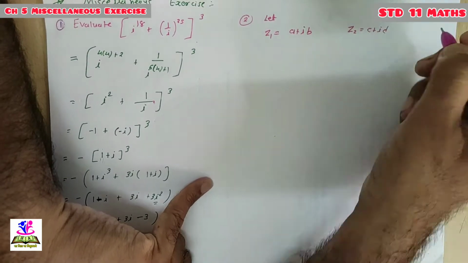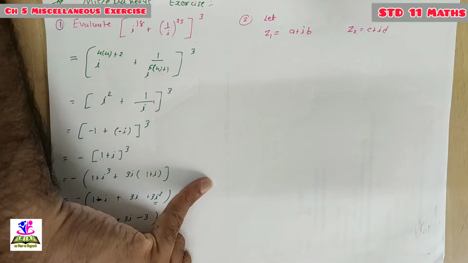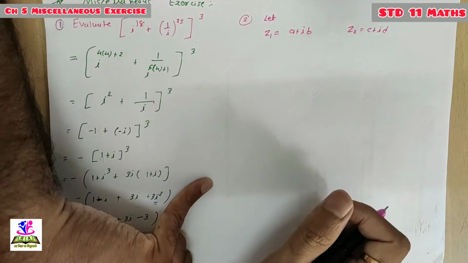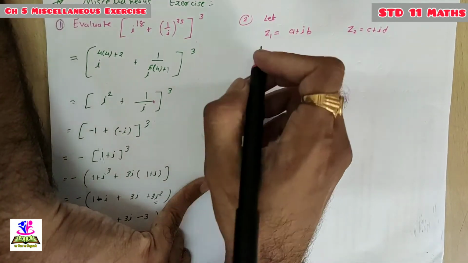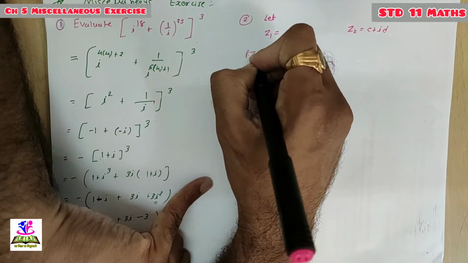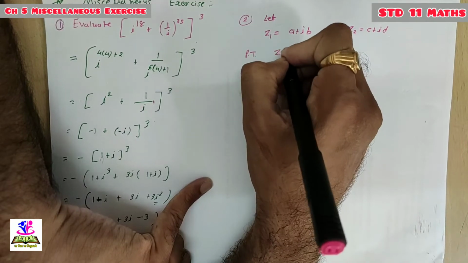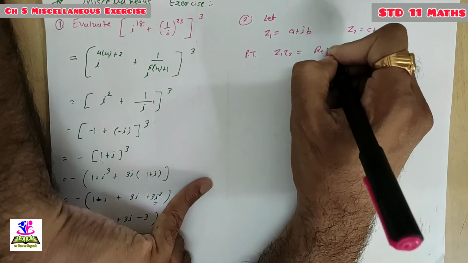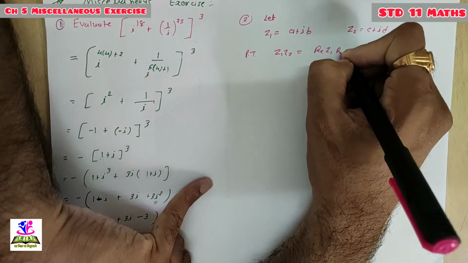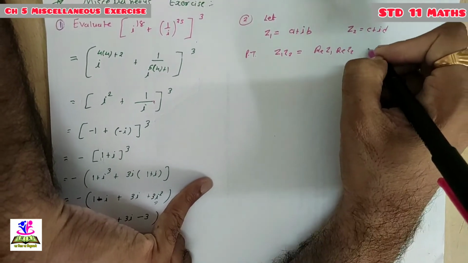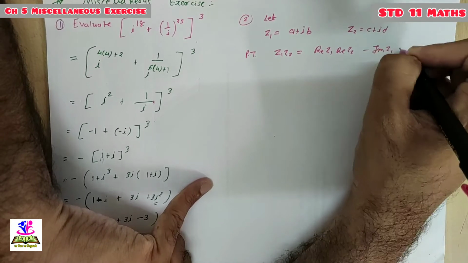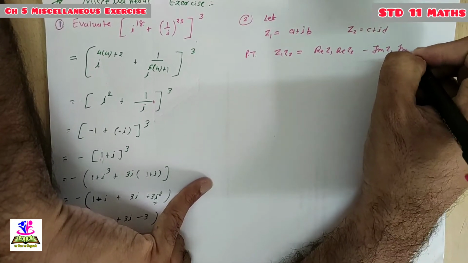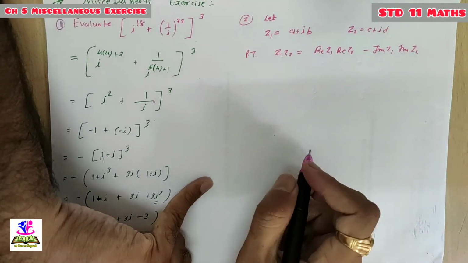So two complex numbers are there, and we have to prove for these two complex numbers that the real part of z1 z2 is equal to real z1 into real z2 minus imaginary z1 into imaginary z2. This you have to prove.